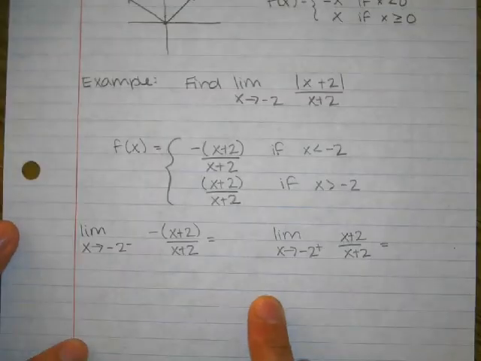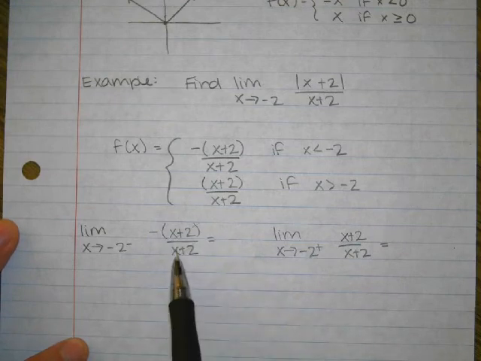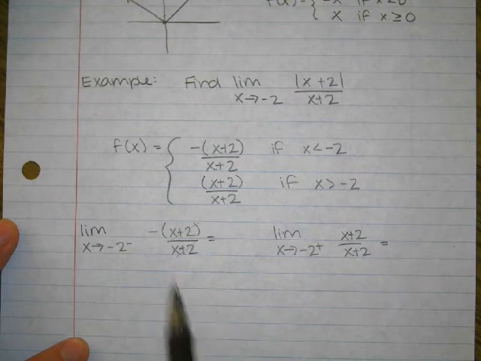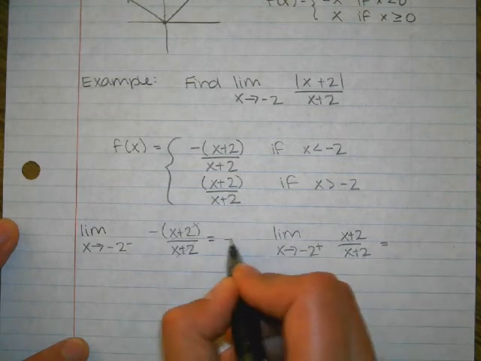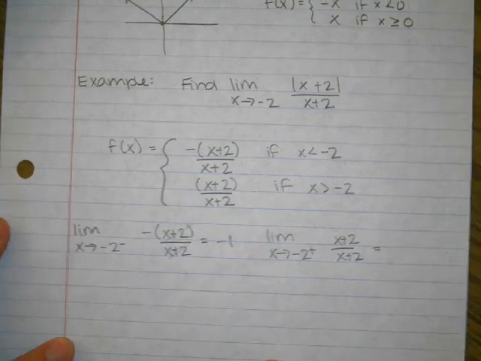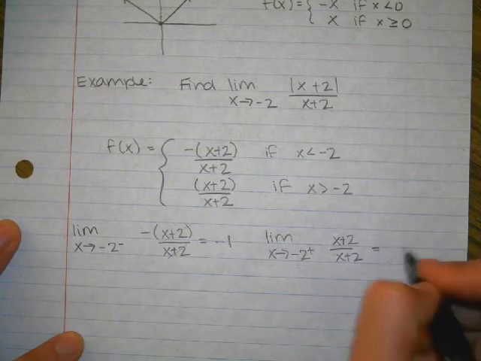And if I look here, now I can see that these two factors would actually cancel out. So it doesn't matter what I plug in for x, no matter what I plug in, this is going to end up equaling negative 1, because those two factors cancel out. Over here, these two factors also cancel out, so no matter what I plug in, this is going to equal 1.